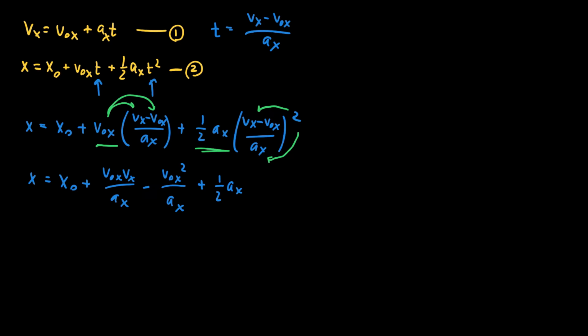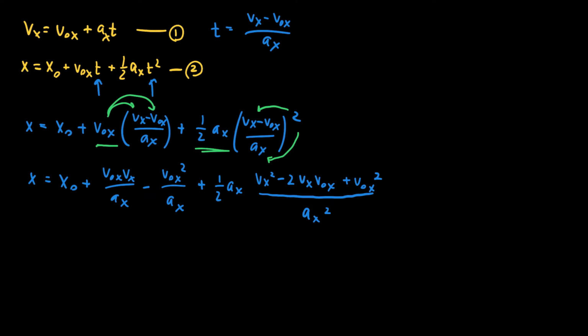When I FOIL the numerator, I have vx minus v naught x times vx minus v naught x, those two quantities. And so what I get as a result in that numerator will be vx squared minus 2vx v naught x plus v naught x squared. So that is that numerator FOILed out, first, outer, inner, last. And the denominator will just be ax squared.